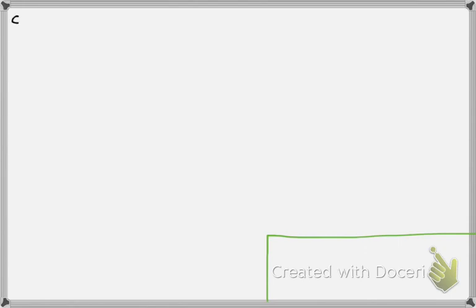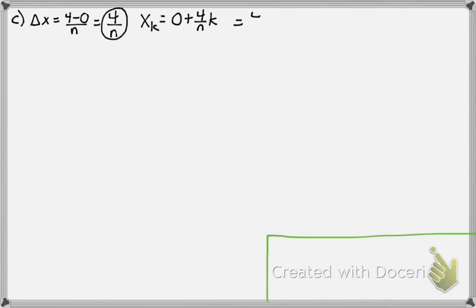So this would be part C. I need to know what my delta x is, and that's going to be 4 minus 0 over n, so 4 over n. I'm going to circle that just so I can refer back to it. X of k is equal to 0 plus 4 over n times k, and that's equal to 4 over n k.